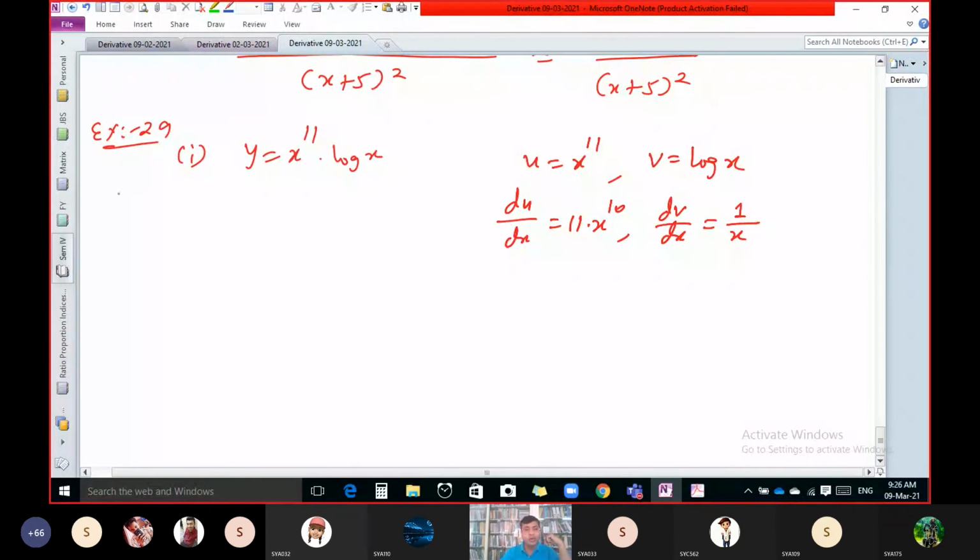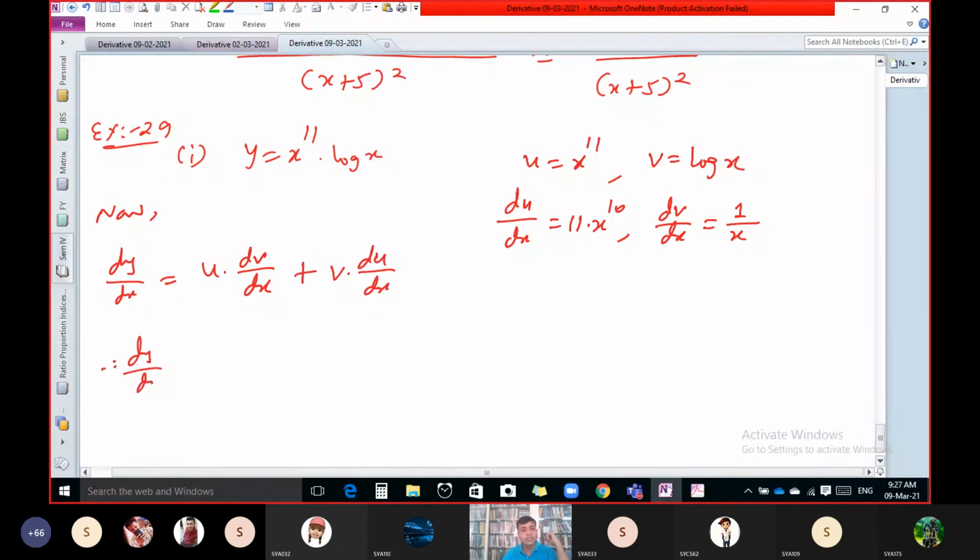And now use the rule: dy by dx equal to, the multiplication rule is u into derivative of v plus v into derivative of u. Or because of this plus sign, you can interchange these two terms. You can write v into derivative of u plus u into derivative of v. It's the same thing because of this plus sign.